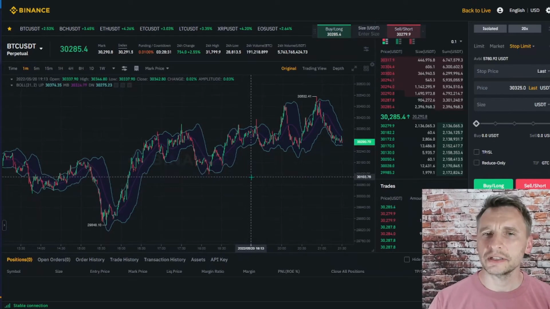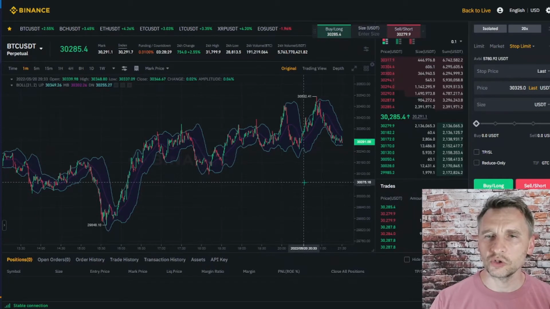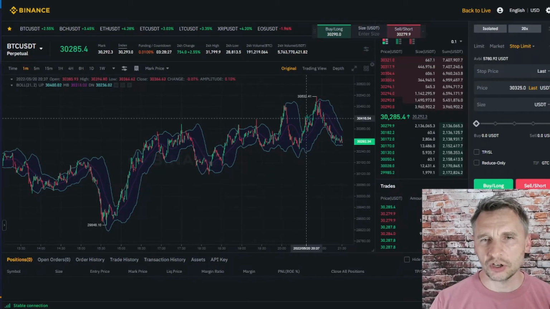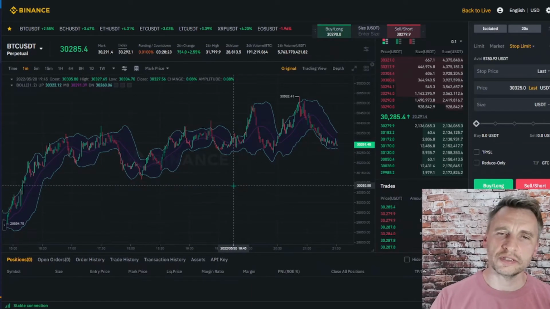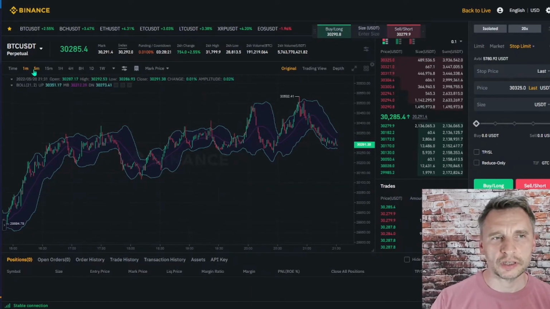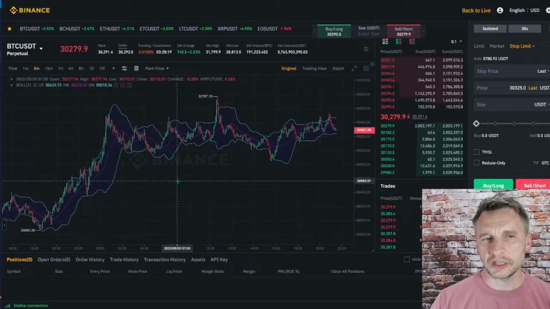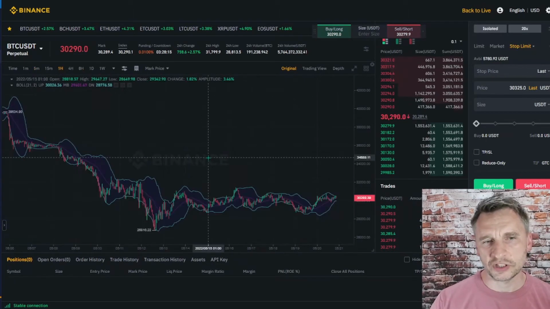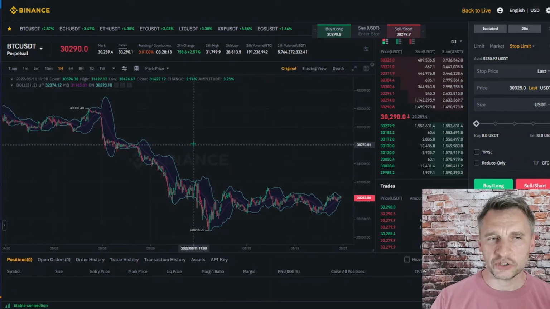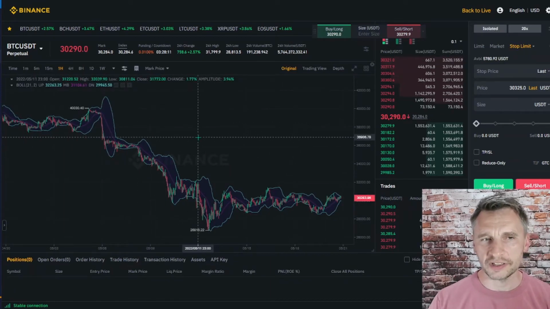Trading on 1 minute is difficult because the time frame fluctuates a lot. So this is very good for scalping on 1 minute time frames. If you want to spend a little bit more time, then it's always better to look at larger time frames because it gives you a better idea of which way the market is moving.